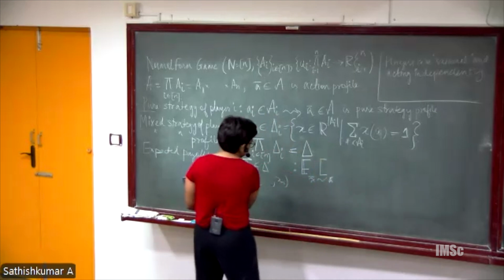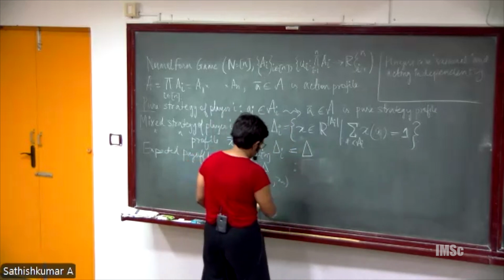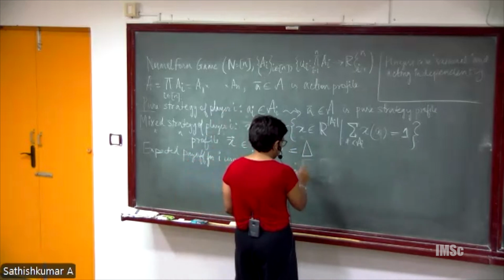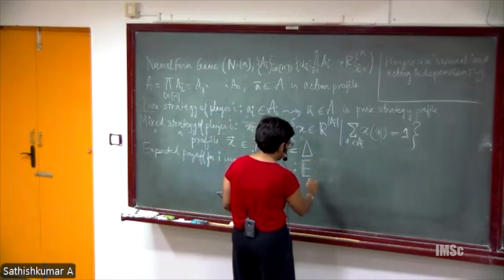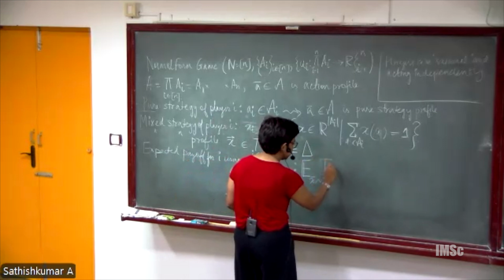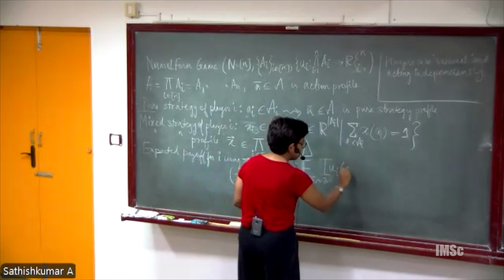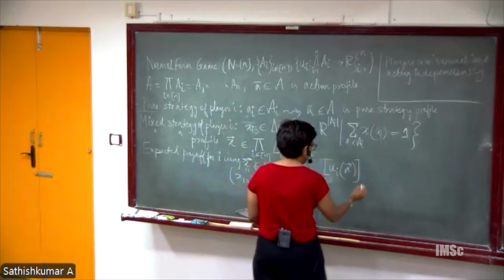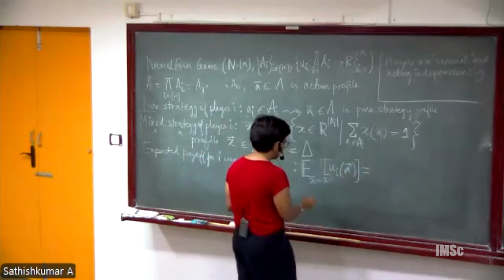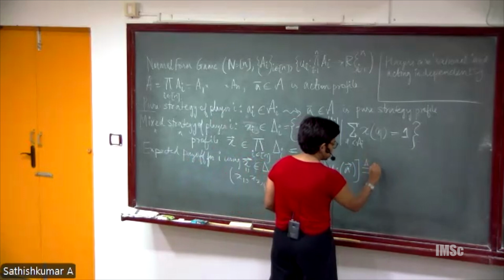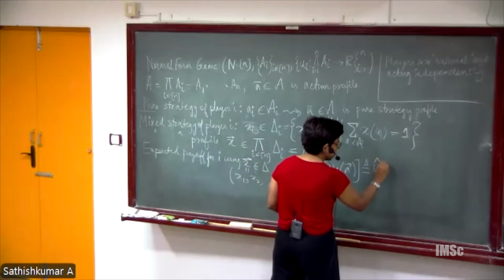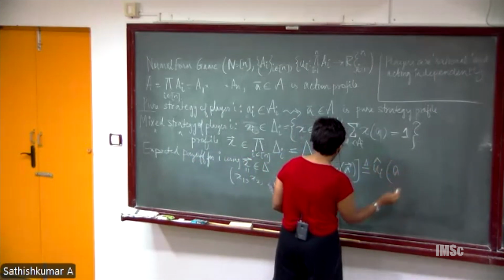Okay, notationally, let me write it this way. I'll explain what I mean by this. Ui of A, so we will use the shorthand to mean this.